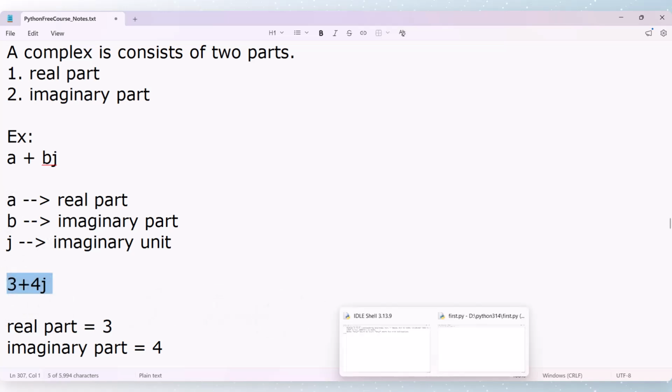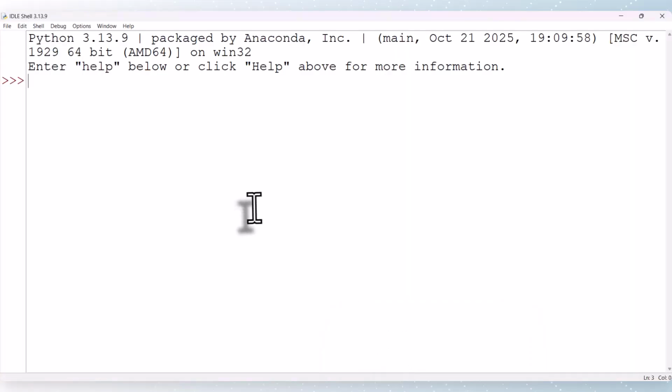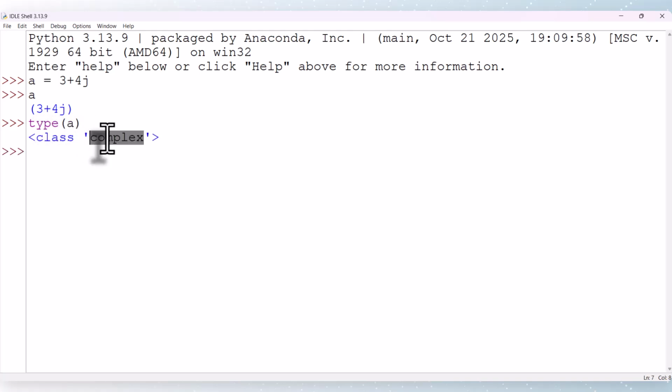Let me take an example of creating a complex number: a equal to 3 plus 4j. If you print a, you can see that it displays 3 plus 4j, and type of a shows that it is a complex type.